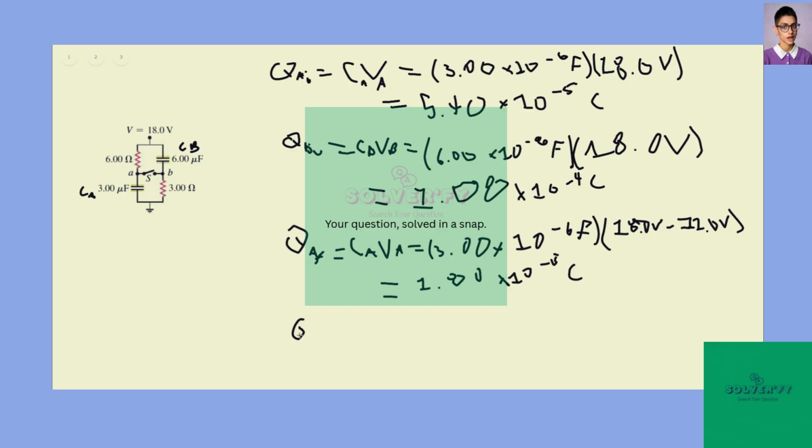And now QB final is equal to CB times VB, which is 6.00 times 10 to the minus 6 farads times the voltage drop across that capacitor, which is going to be 18.0 volts minus 6 volts.